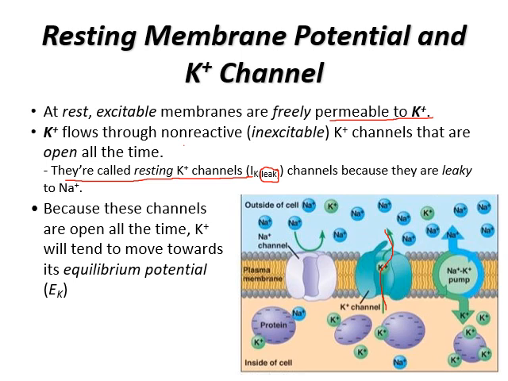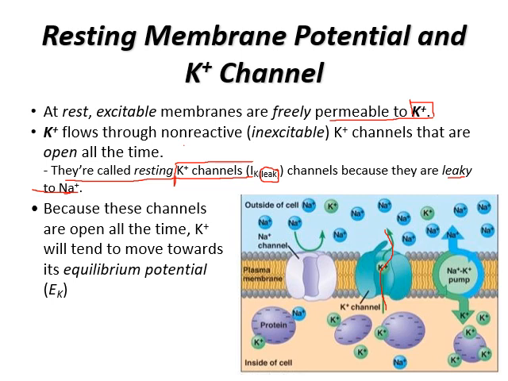It's not this big rush, but basically we're leaky to potassium. We are more leaky to potassium at rest than we are to sodium. Although some sodium comes in, you remember our equilibrium potential for potassium is negative 90. Our membrane potential sits at negative 70, not negative 90, because there is still some sodium leaking in. But again, we are more leaky to potassium.